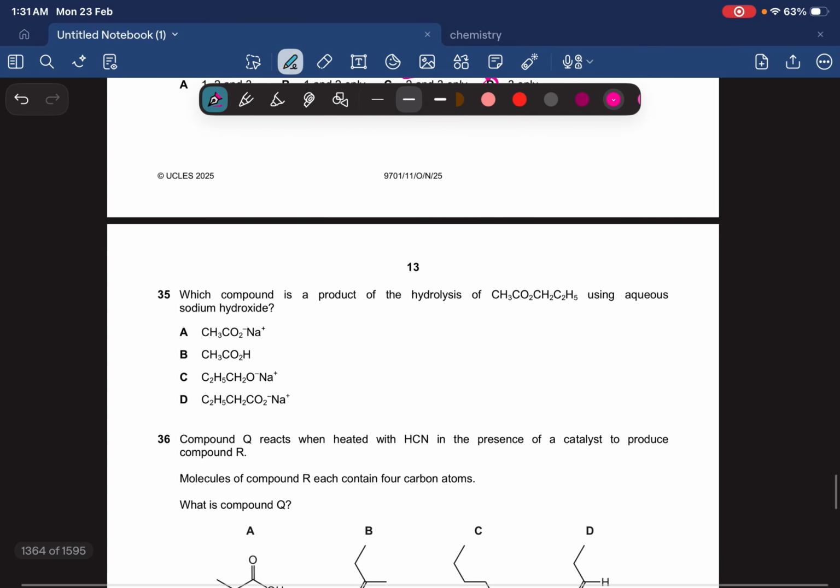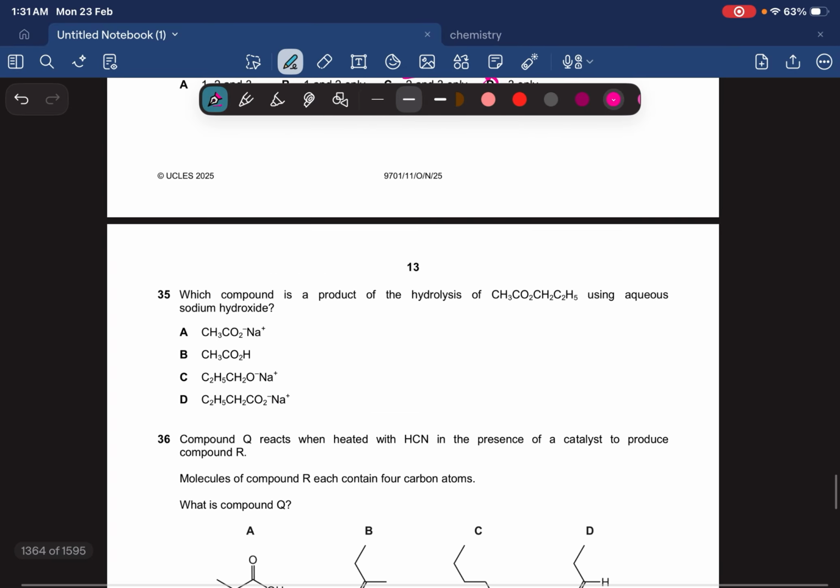Okay, which compound is a product of the hydrolysis of this thing using aqueous sodium hydroxide? So we break it from the center. First let's write it as CH3COOCH2C2H5. We break it from the center. We know that this part is the acid part. What kind of acid is this? This is ethanoic acid.